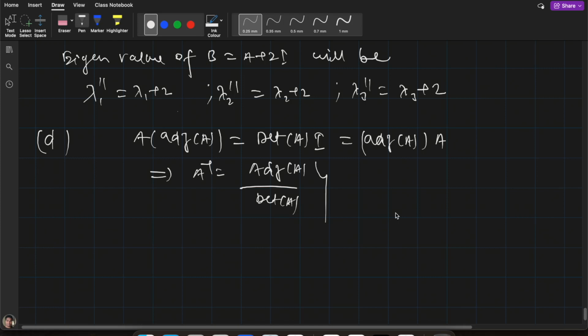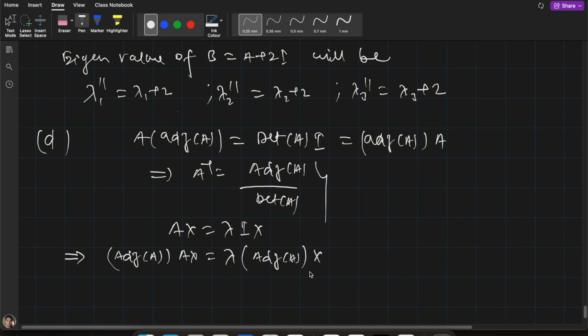Okay, from where should I start? Just tell me the first step, a very important step. Ax equals λx, Ax equals λIx. Now take the adjoint of A. Adjoint of A times Ax equals λ, a scalar, which will be outside: adjoint of A times x.